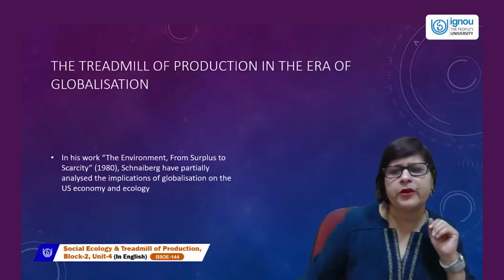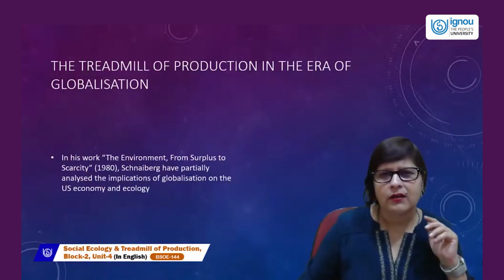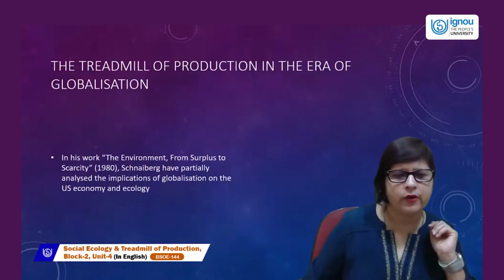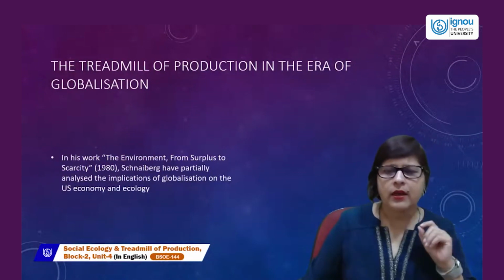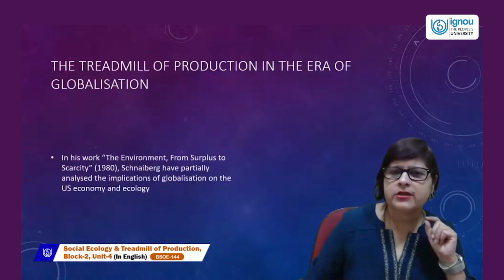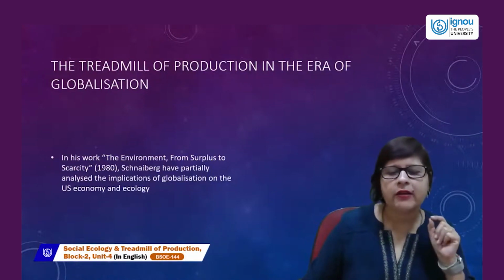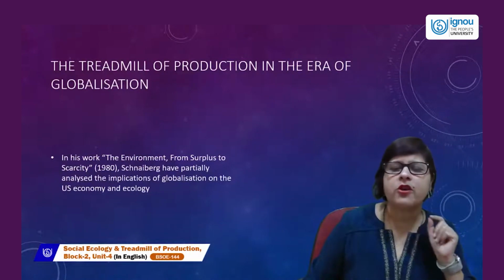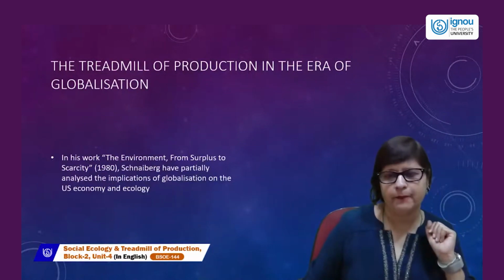The treadmill of production in the era of globalization. What is the role of this treadmill in the era of globalization? Schnaiberg, in his work The Environment: From Surplus to Scarcity, published in 1980, partially analyzed the implications of globalization on the US economy and ecology.